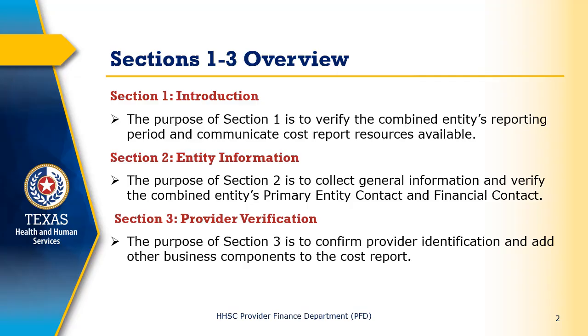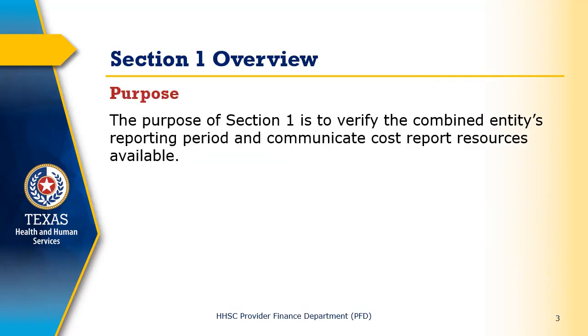The primary goal of Section 2 is to collect general information and verify the combined entity's primary entity contact and financial contact. Accurate contact details are vital to ensure the provider receives all relevant correspondence about the cost report review. Errors or outdated information can cause delays and missed communications, disrupting the review process. The purpose of Section 3 is to confirm provider identification and add other business components to the cost report.